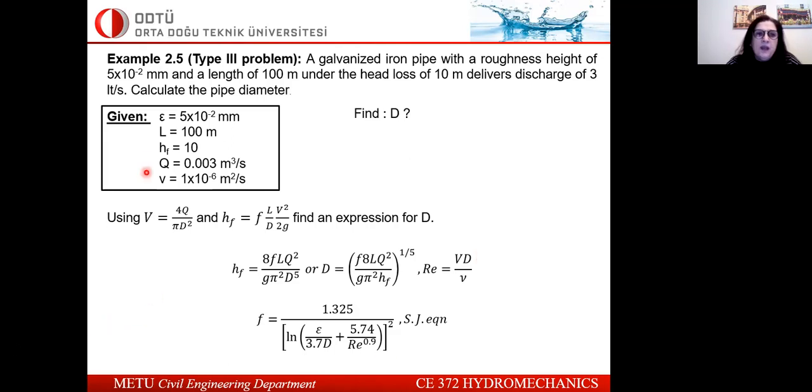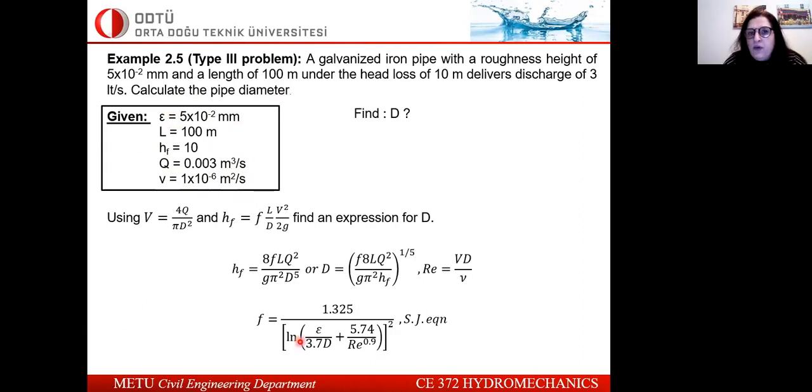So what we do, we list all the variables, and we see that we are asked to calculate the pipe diameter. Since HF should be in meters, we forgot to write that meters there. And discharge is converted to cubic meters per second. Kinematic viscosity of water is used. Epsilon is given.